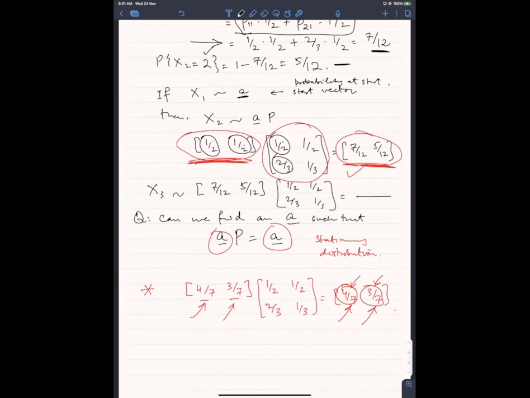You will be spending more time in state 1. कितना more time? 4:3 का रेशो होगा. And this distribution is called stationary distribution.